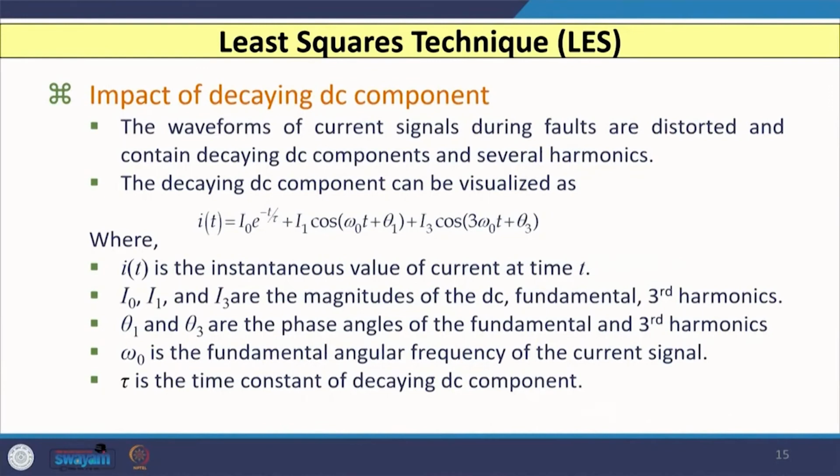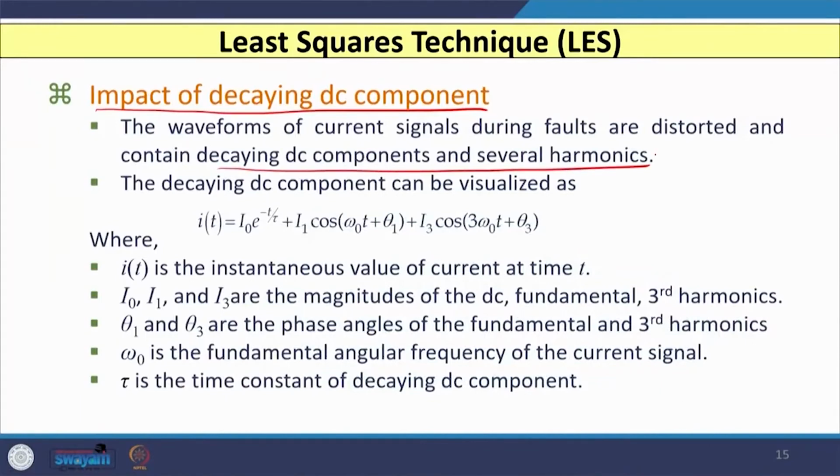Now, to understand the impact of decaying DC component on LES algorithm, let us consider the current signal. When we acquire the current signal in case of fault, we know that the waveform of this current signal is distorted, and that signal contains decaying DC component along with several harmonics and the fundamental term.